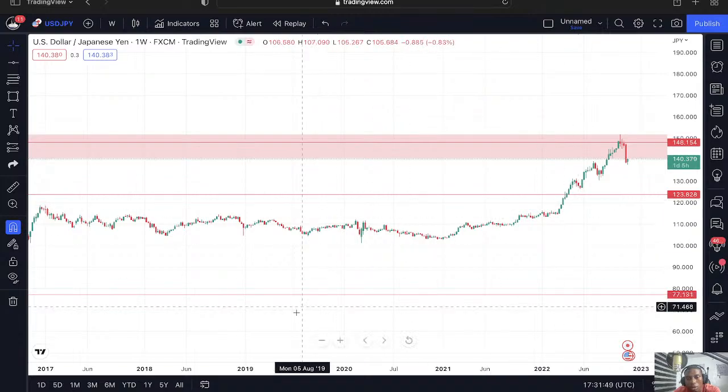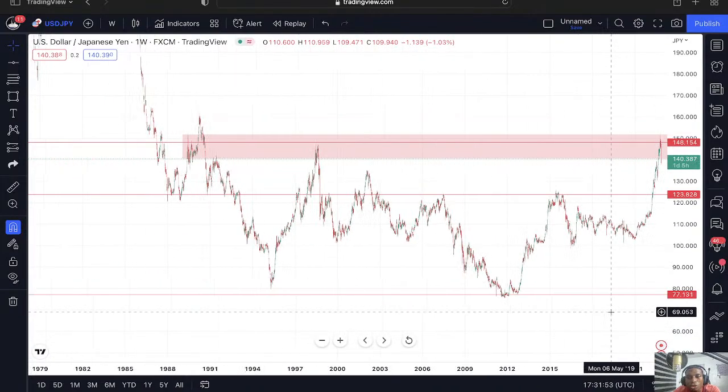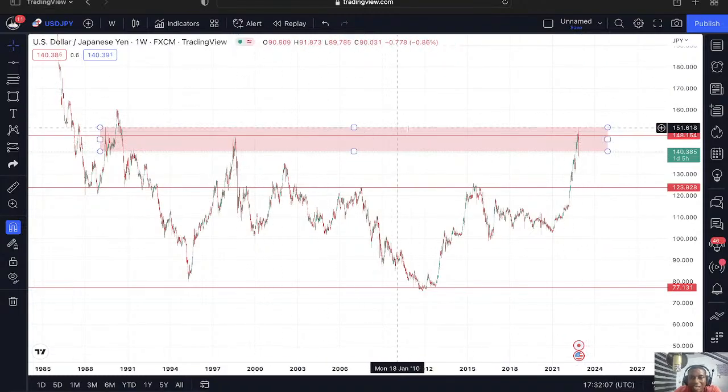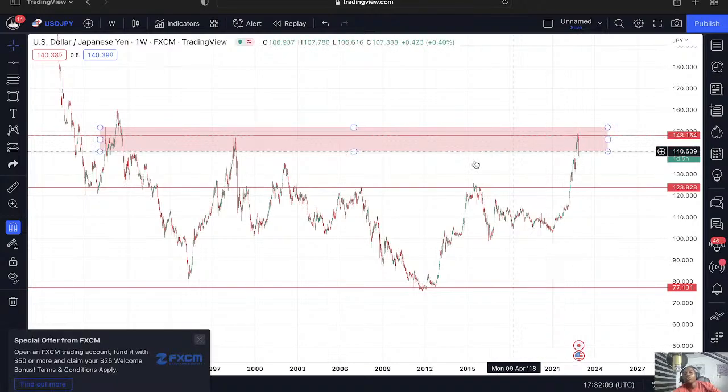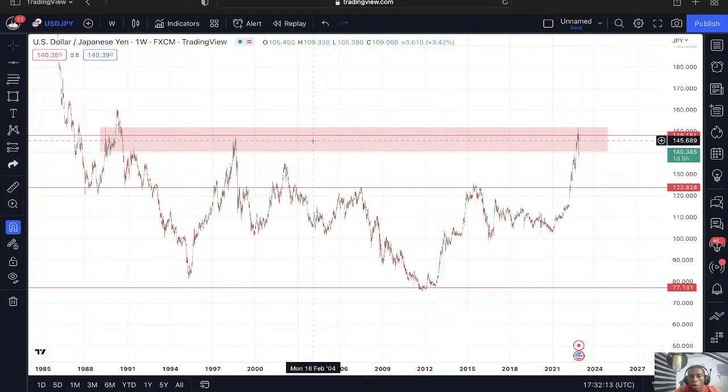So when you look at this now, you discover that price had gotten to this same level a while ago. When price is coming to that same level, it will be very difficult for price to just break through it. Why? Because traders, investors, and institutions are also looking at that level as a level to take profit, because they know that price had already gotten to this level before.